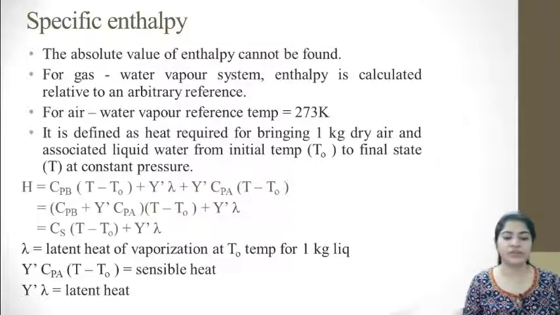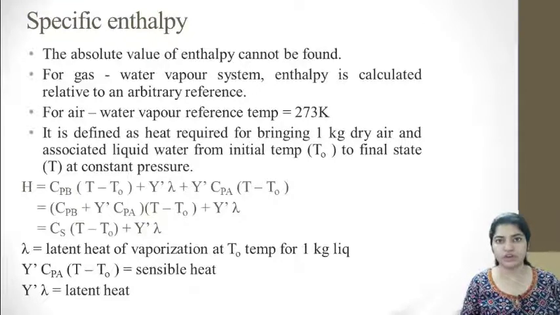For dry air, only sensible heat has to be given. So your formula is CPB into T minus T0, plus Y dash lambda. Y dash is the amount of water present together with the dry air, and finally you get humid air.